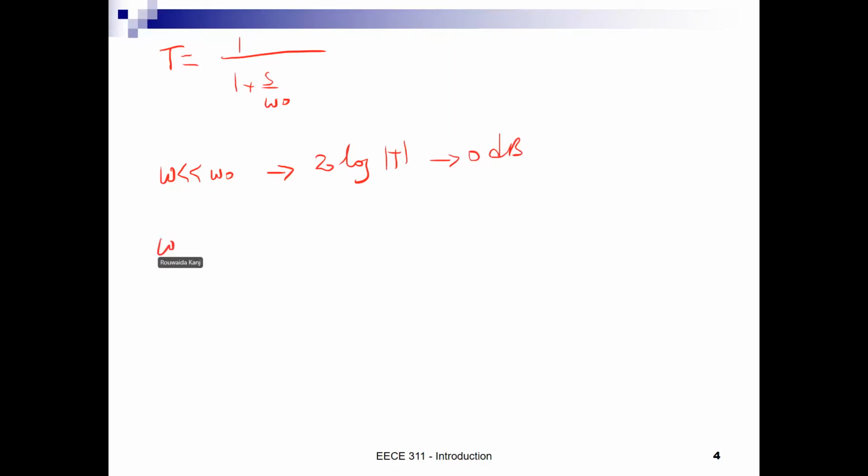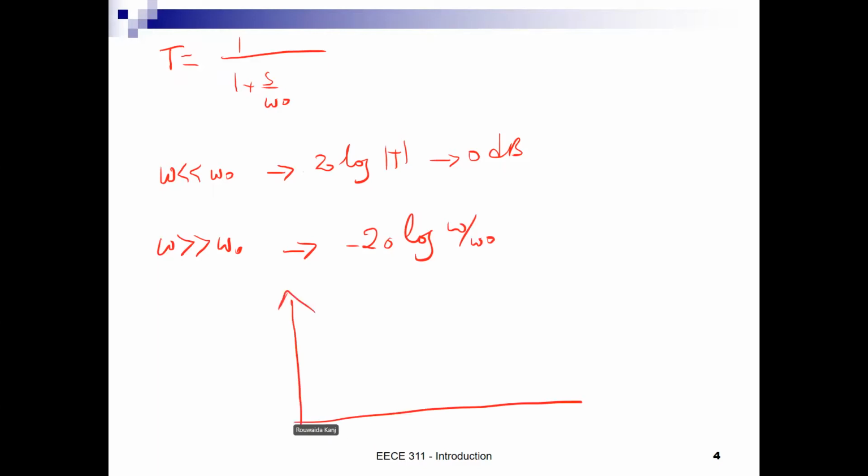And for omega much greater than omega 0, it is going to tend to minus 20 log omega over omega 0. And we learned that if I move from point x, which is much greater than omega 0, to point 10x, which is much greater than omega 0, I will be operating with a certain slope.